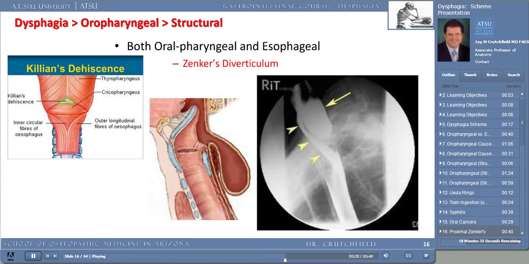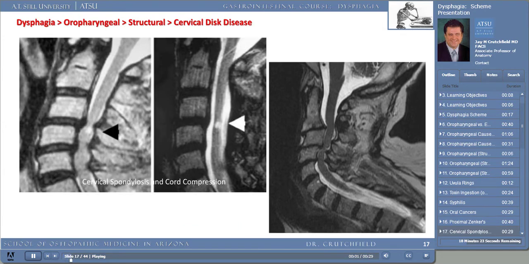It's the lower constrictor where there's a natural anatomical weakness and defect that leads, along with discoordinated swallowing motility, to a Zenker's diverticulum. A patient with cervical spondylosis or cord compression can have oropharyngeal or esophageal dysphagia.